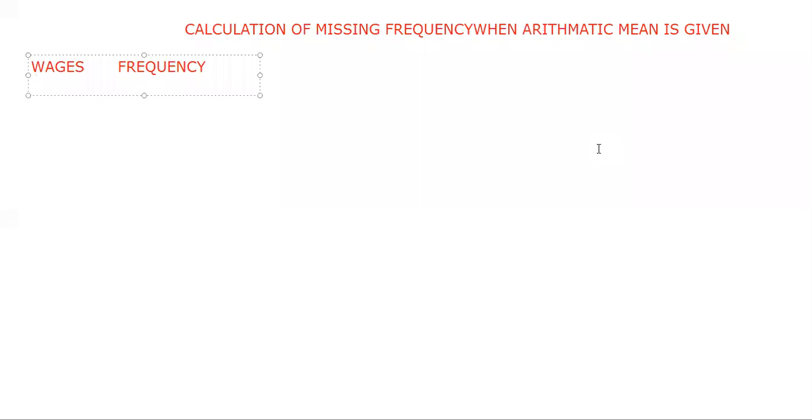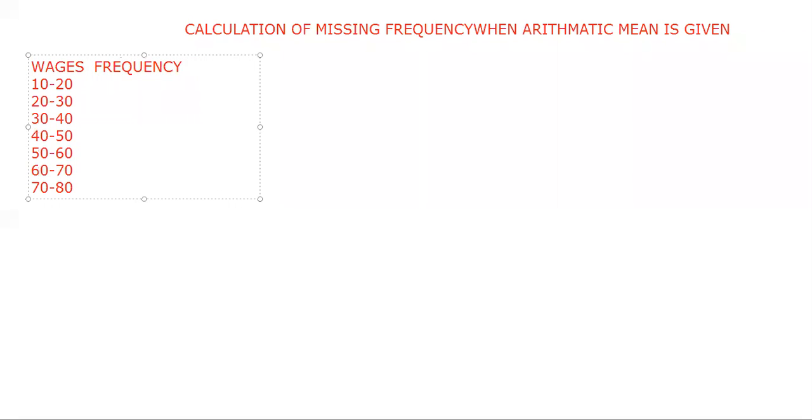In the wages, we find wages given such as 10 to 20, 20 to 30, 30 to 40, then 40 to 50, 50 to 60, 60 to 70, and 70 to 80. So these are the wages given to us. ये हम लोगों को wages दी हुई है.